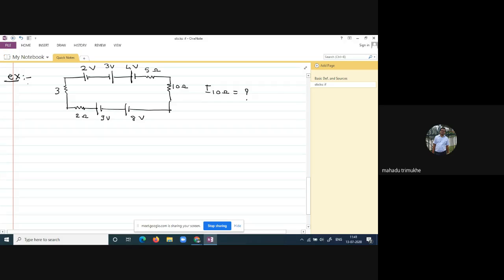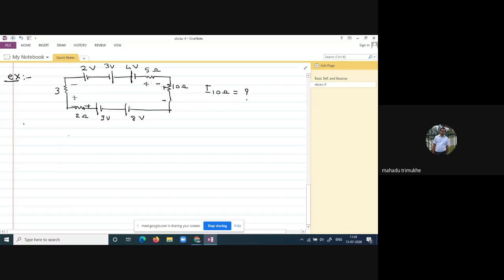Suppose you assume the loop here, and you have considered the polarity from positive to negative each time.